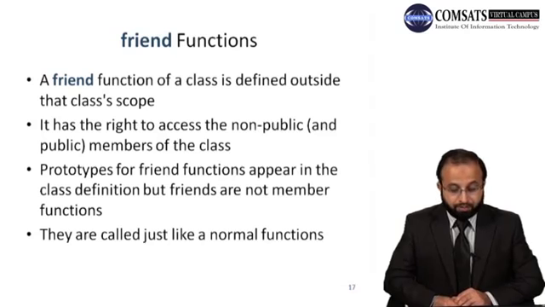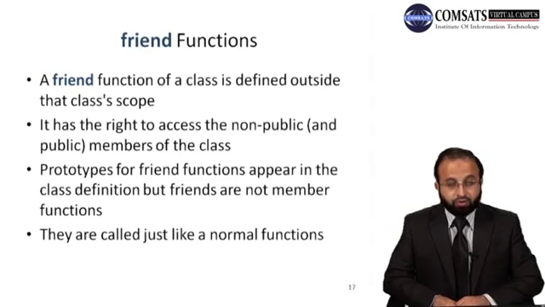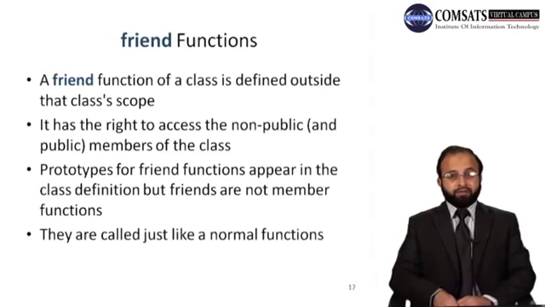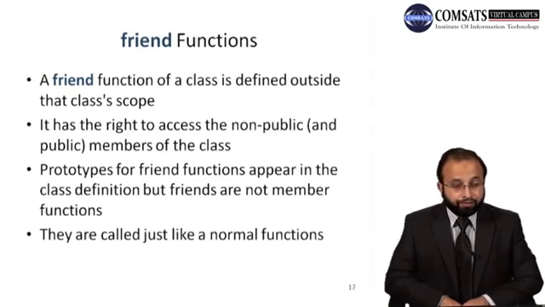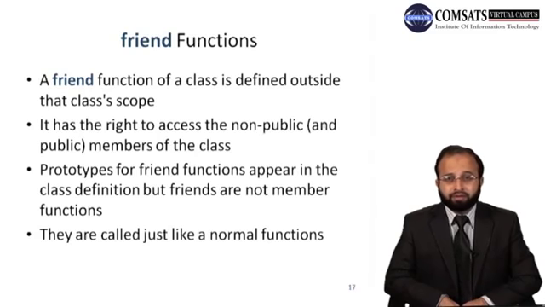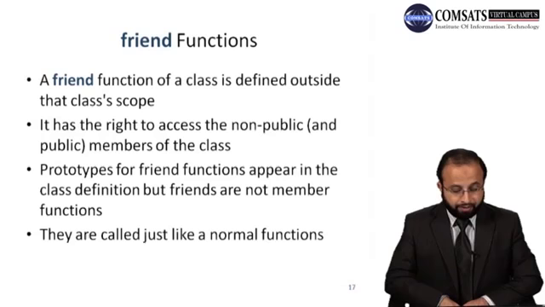The prototype of a friend function appears in the class definition, but friend functions are not member functions. So here we have to use a keyword to make it different from the member functions of the class inside the class definition. So we will use the friend keyword inside the class definition to make it different from the member function of that class, right?